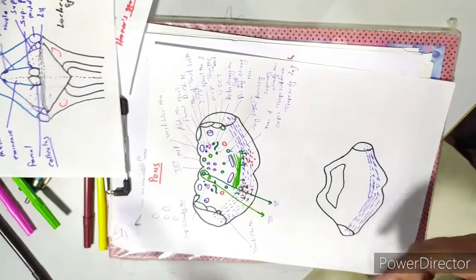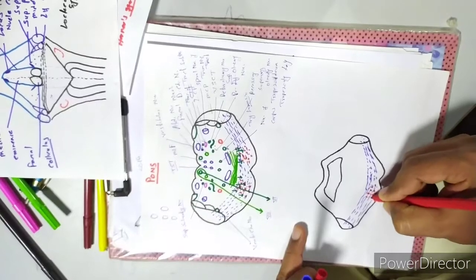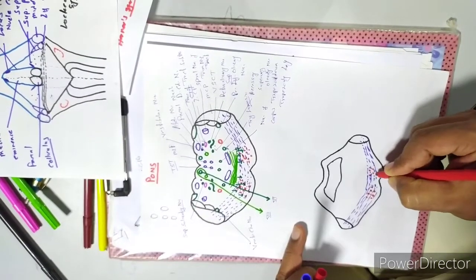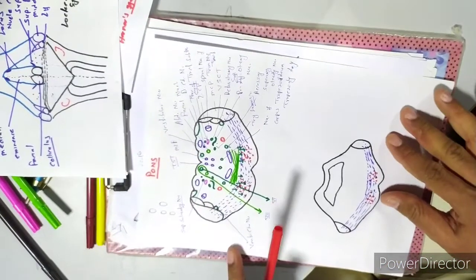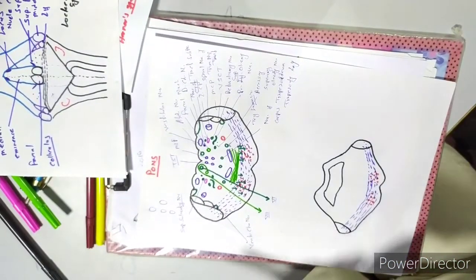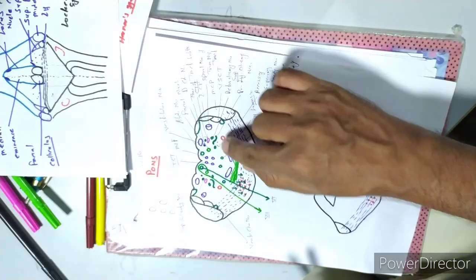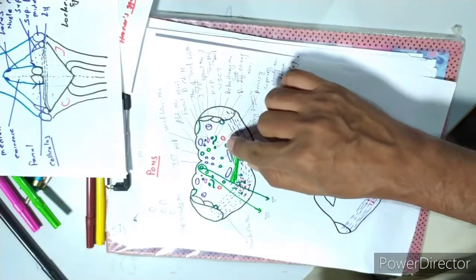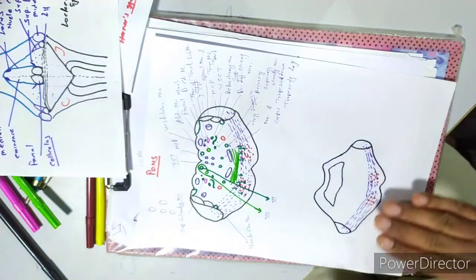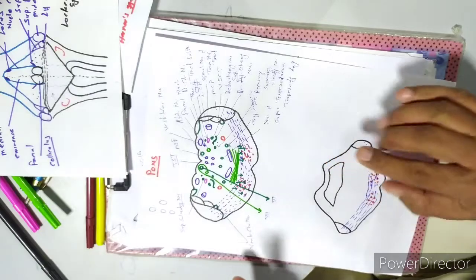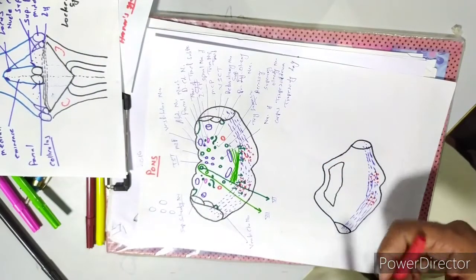And the red color are the pontine nuclei. Now at this level there is no trapezoid body, because the trapezoid body and the superior olivary nucleus are seen in the lower level. There is no trapezoid body because it already ascends upward as the lateral lemniscus. Clear?